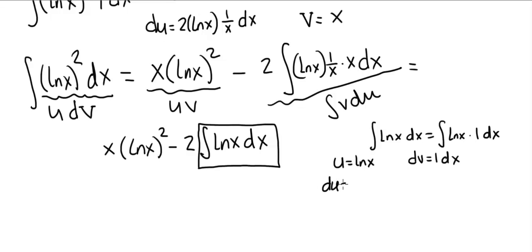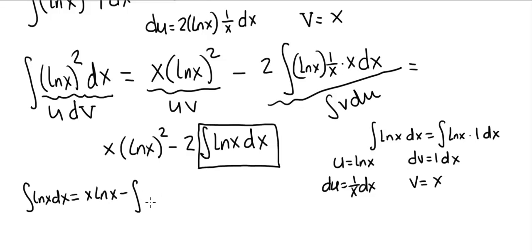So du is 1 over x dx, and v is x. The integral of natural log of x then is u times v, x ln x, minus the integral of v du. But notice that v is x, du is 1 over x dx, so the product is just 1. In this case, the integral on the right is extremely easy. It's all done now. This is x ln x minus x.